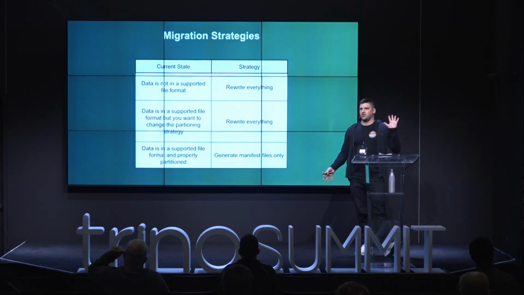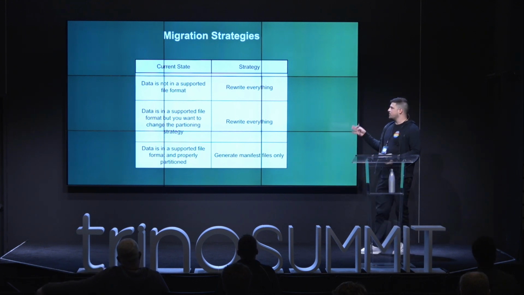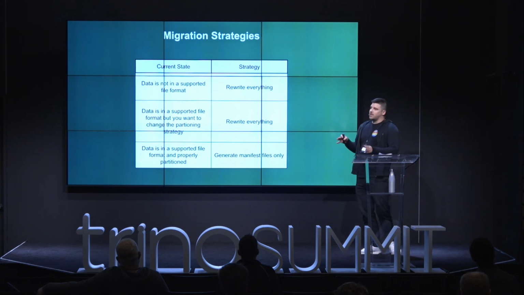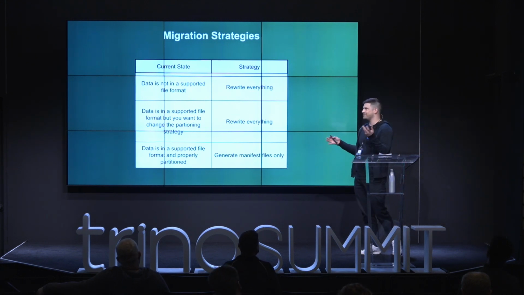And so there are different migration strategies you might find yourself employing if you want to do this migration. I just outlined 3 of the major ones. One thing about the difference between the Hive table format and the Iceberg table format is they don't support the same types of files. Well, that's not entirely true.